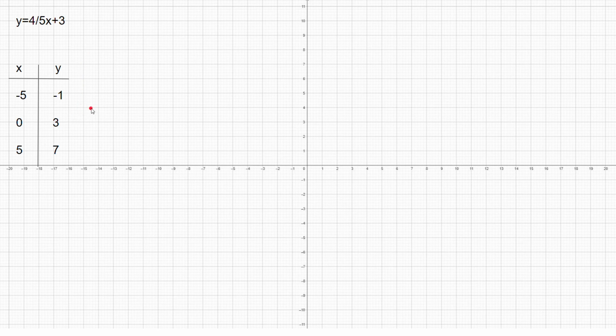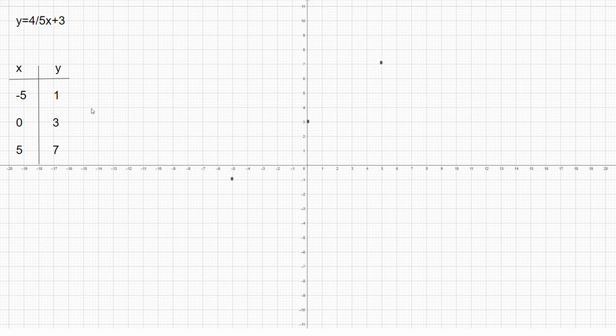If x was 0, y would be just 3, and if x was 5, y would be 4 plus 3, which is 7. And let's just graph those 3 points.